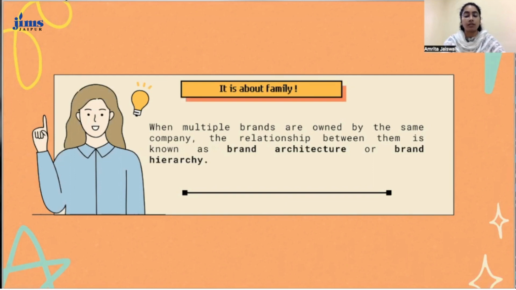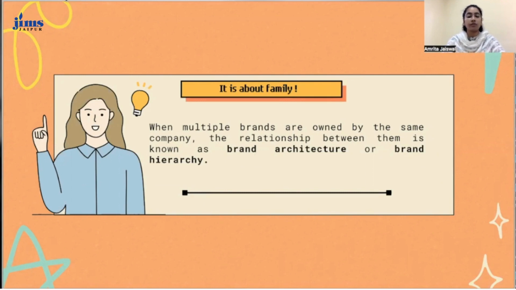Sub-brands are the small divisions of the master brand that can be the whole company or individual products or services. So it tries to establish brand portfolio structures that specify brand roles and also the nature of the relationship that exists amongst different brands.